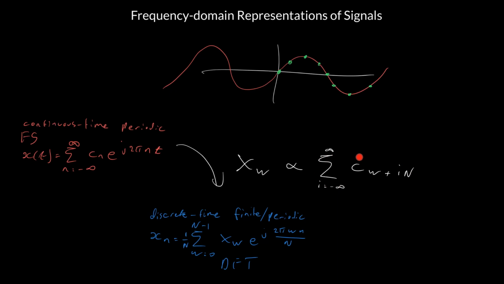All this summation is doing is taking our higher frequencies and mapping them back down into frequencies between 0 and N minus 1. So, if we sample x of t to get x of n, then in the frequency domain we have preserved all frequencies that lie between 0 and 2 pi, and all the other frequencies have been aliased down into a corresponding frequency between 0 and 2 pi.